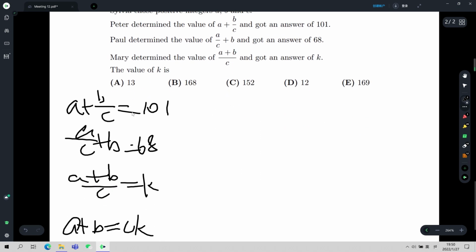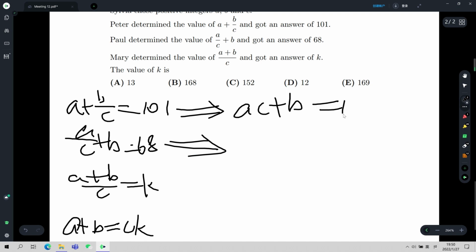And we can then multiply c to the first 2 equations. So we get ac plus b equals 1c, and a plus bc equals 68c.